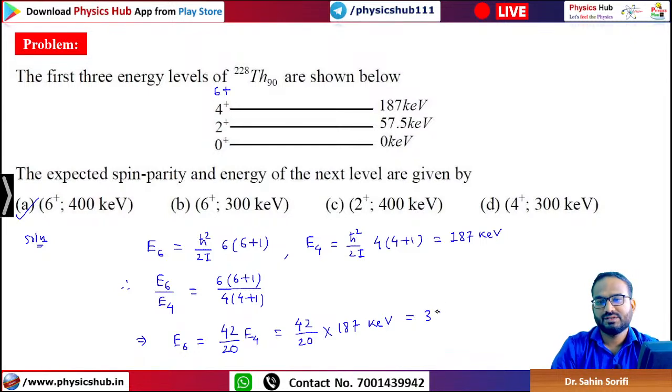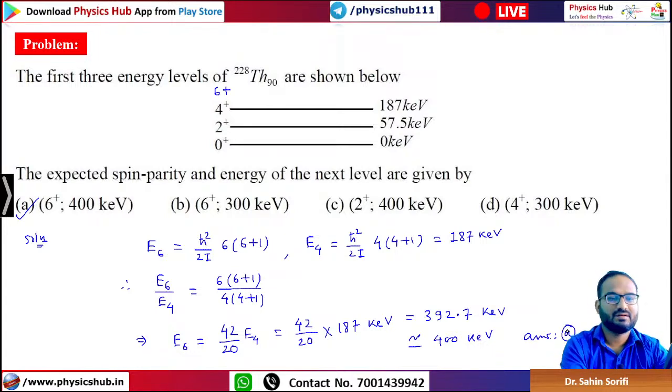It is 392.7 keV, which we can approximate with 400 keV. Check the calculation, it will come out to be 393 approx.